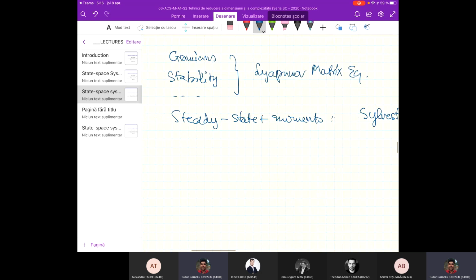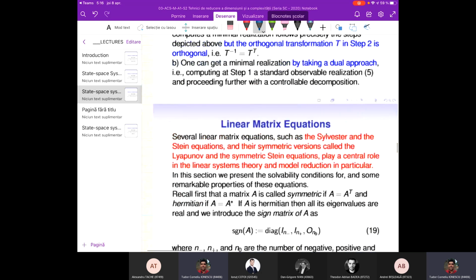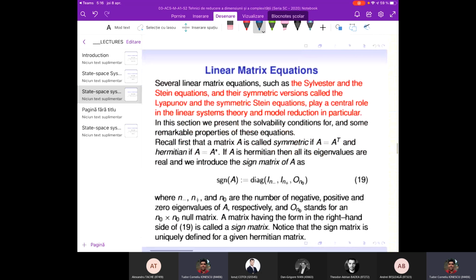So it's only fair here to address and recall what happens to the linear matrix equations. You can also look them up in matrix books, such as the Horn and Johnson matrix book, and also in the Antoulas book, which is uploaded on your Moodle. Please consult the Antoulas book if you have any inconsistencies or any details you need to clarify about linear matrix equations.